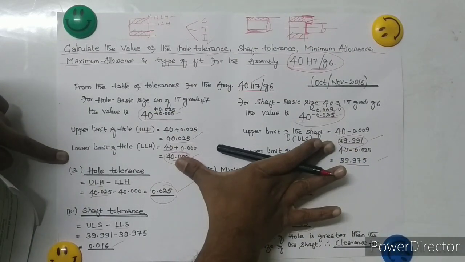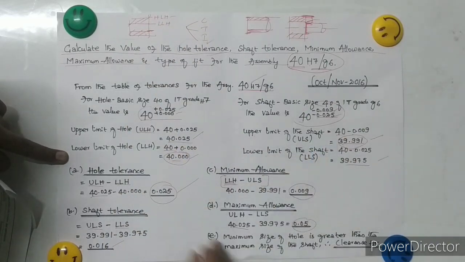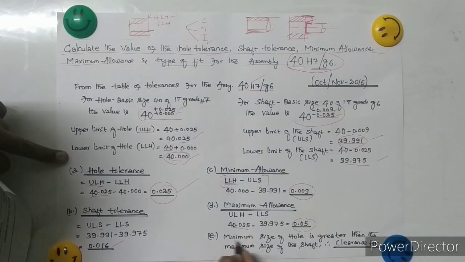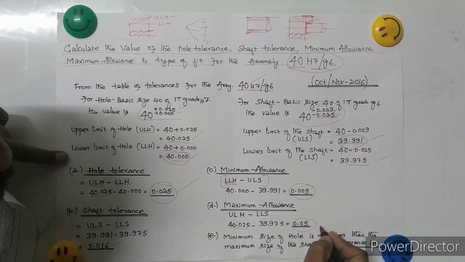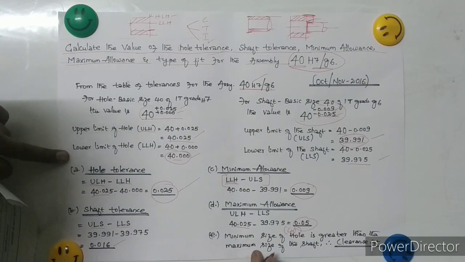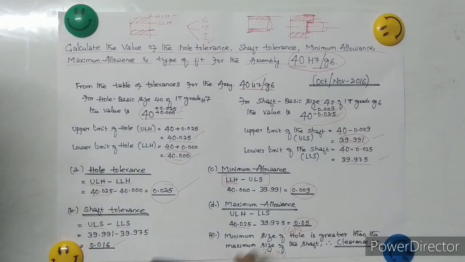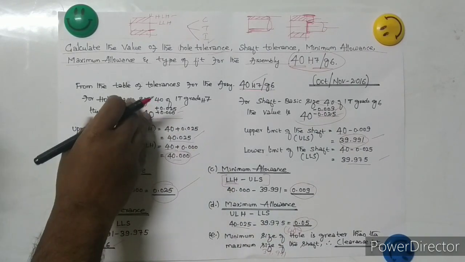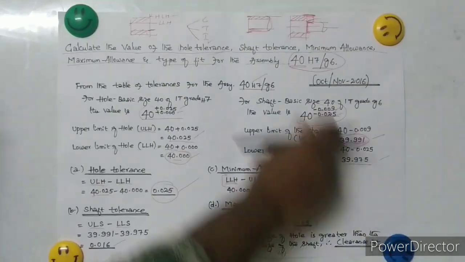See these two. Obviously the hole is more and the shaft is less. So we will get a clearance fit. The minimum size of the hole, which is 40, is greater than the maximum size of the shaft, which is 39.991, as per our basic concept. Hence it is a clearance fit.